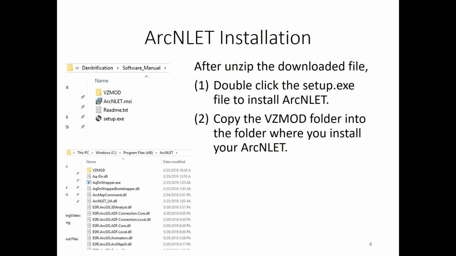What you're going to do is first install ArcNLET by double-clicking the setup.exe file, and then you copy the Vismod into the folder where you install ArcNLET. So here is an example. The default folder of ArcNLET is C, Program Files x86, ArcNLET. And when you run setup.exe, this folder will be generated.